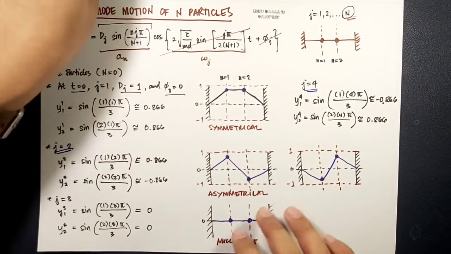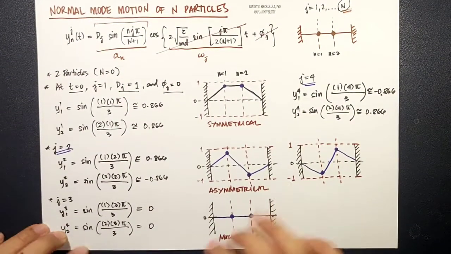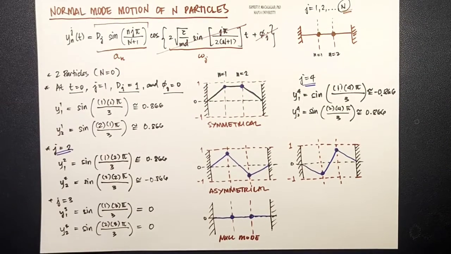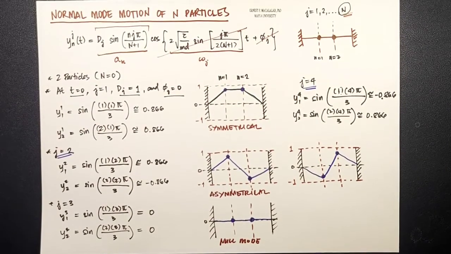As a summary, only J equal to 1 and 2 are unique or distinct modes, because J equal to 3 is a null mode. If you increase J further, like J equal to 4, that will be a duplicate of one of the earlier modes.